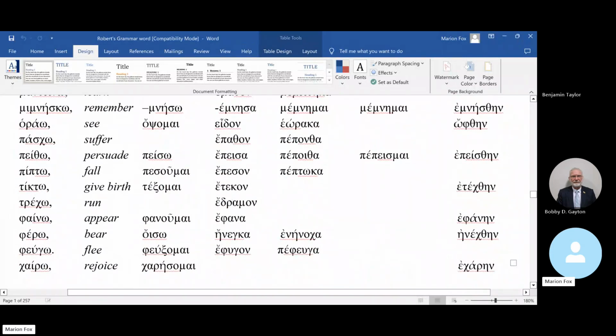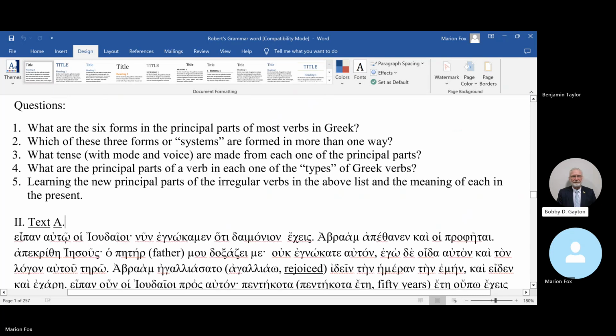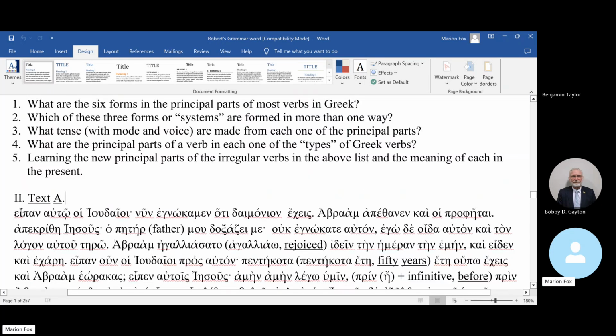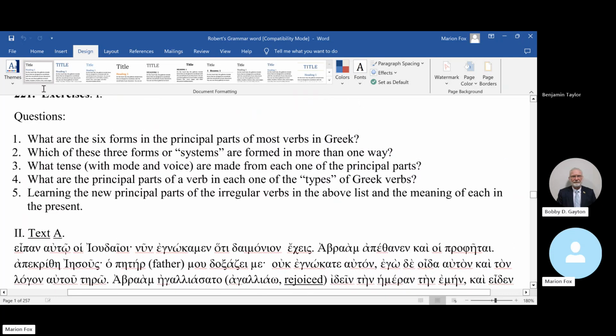And everyone see how you've got problems with it. This is a problem here. Some of these, now what we've learned, some of these odd forms, they follow basically a lot of the rules, and so they're not that far afield, okay? What are the 6 forms of the principal parts of most verbs?